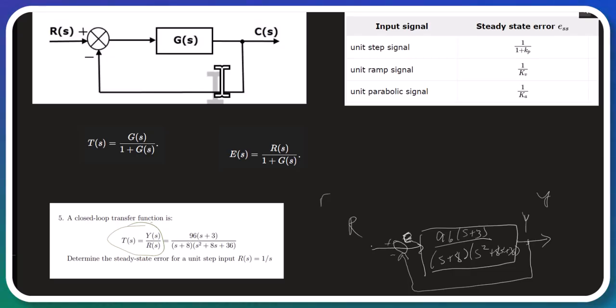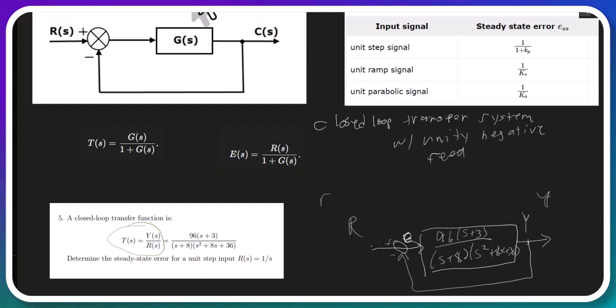What you want to have if you want to apply these formulas is a closed loop transfer system with unity negative feedback. And if you already have that, then you can apply these formulas.